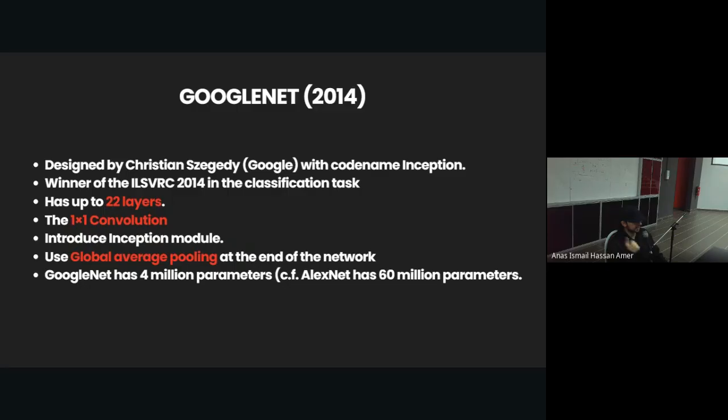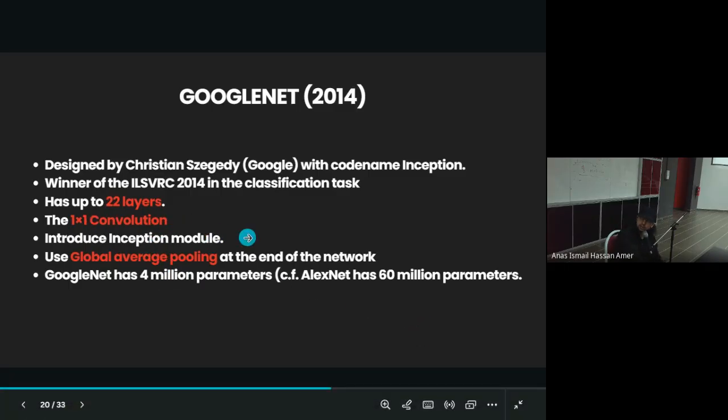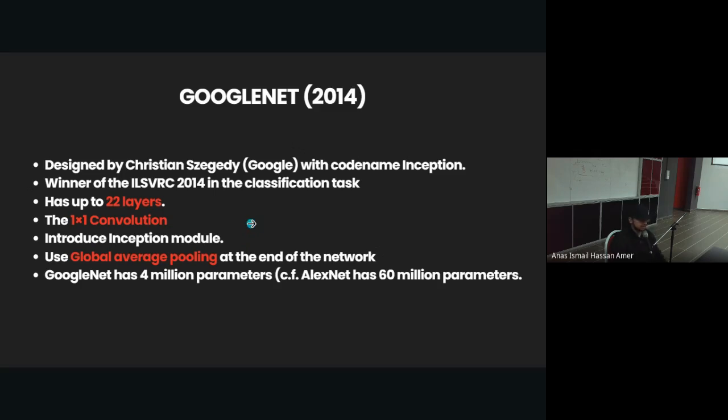For comparison, AlexNet just now in 2012 had 60 million parameters. So this had more layers, but fewer parameters because it was using this 1-by-1 convolution, which I'll explain in a while. And also the accuracy, the performance was higher. So it's not necessary to keep increasing the computation and the number of parameters to achieve higher performance.